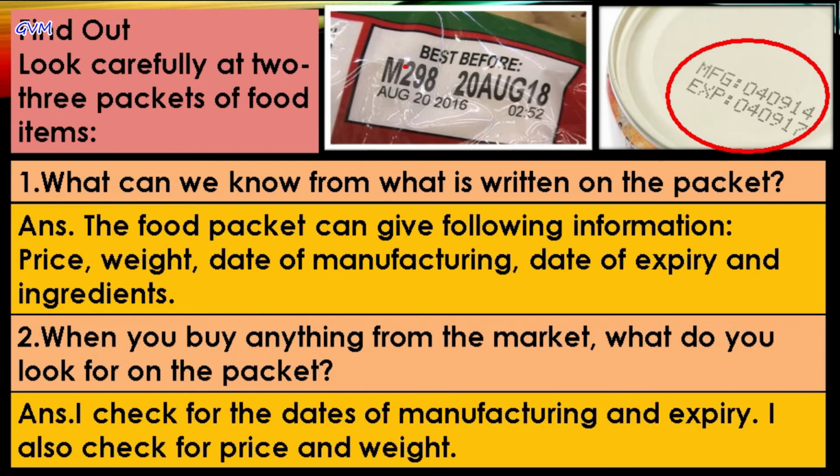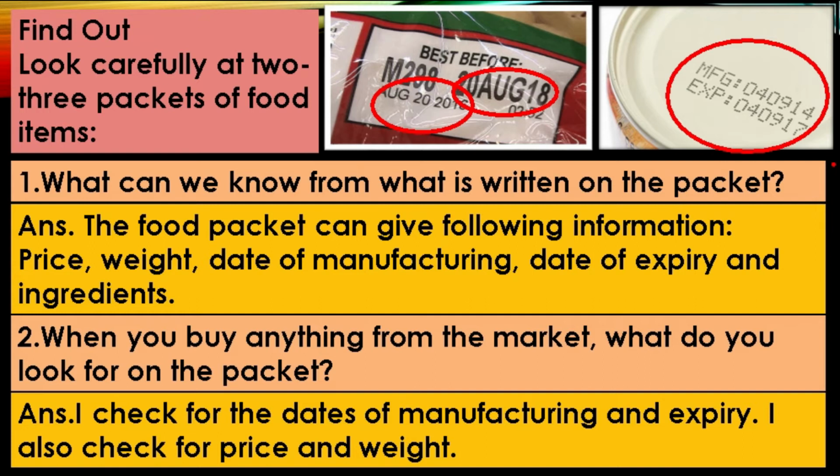Same in this image, as you can see, August 2016 means that the food item was manufactured on 20 August 2016, and it is written here best before 20 August 2018, which means you can use this food item till 20 August 2018, and if you consume it after 20 August 2018, then you may fall sick.